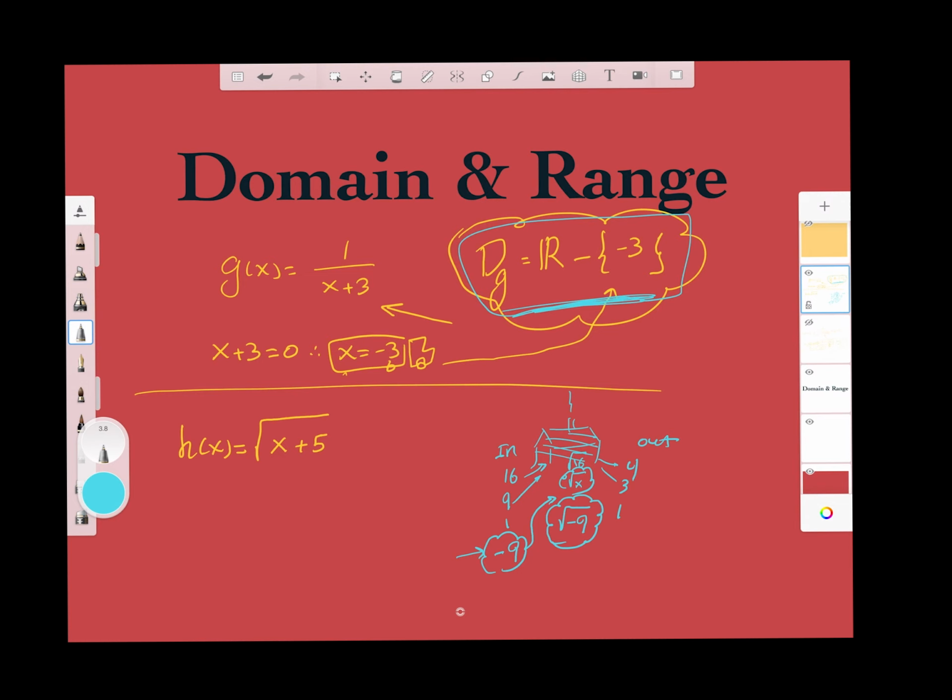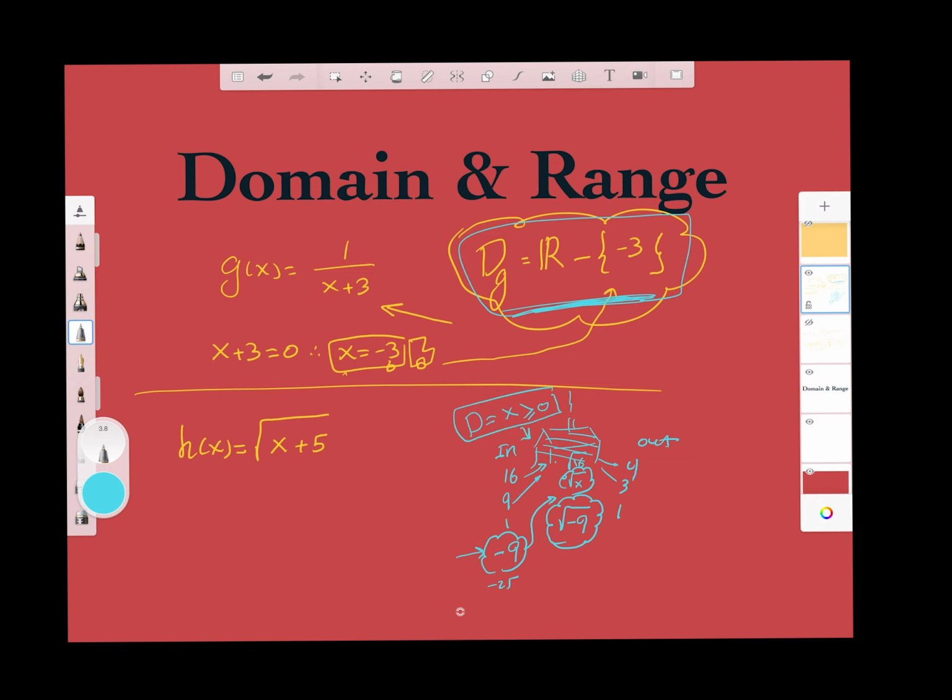For example, in this example, we're going to say we cannot have a negative number for this factory. If we don't say that, if somebody puts in -9 or -25, we're going to break the factory. So that's why we're going to say the domain is going to be x greater than or equal to 0 for this example.